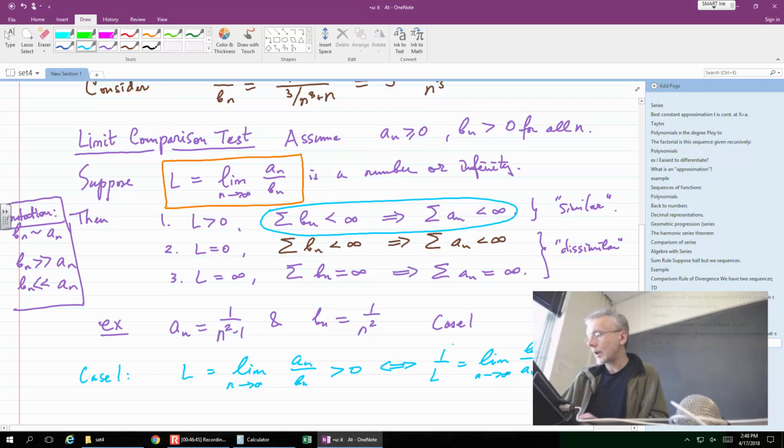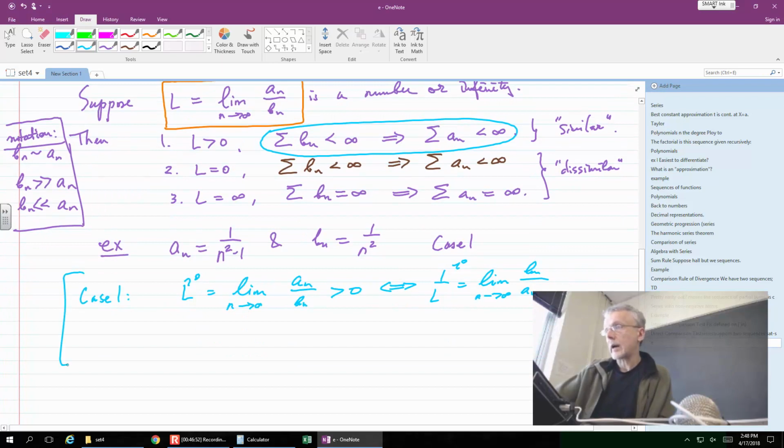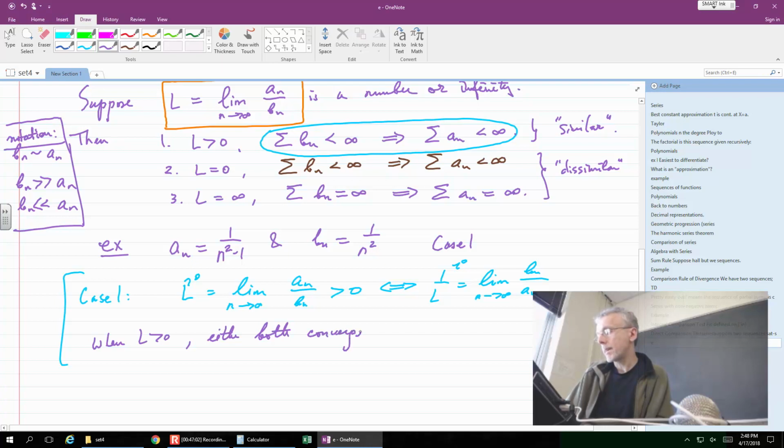In either case, you have a positive number, but the conclusion that you draw is different. So when L is positive, either both converge or both diverge.